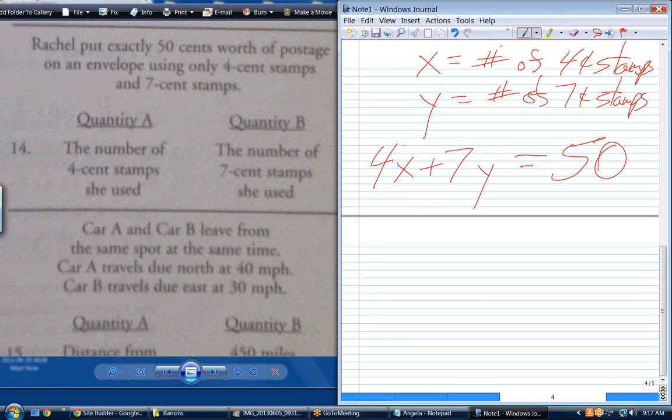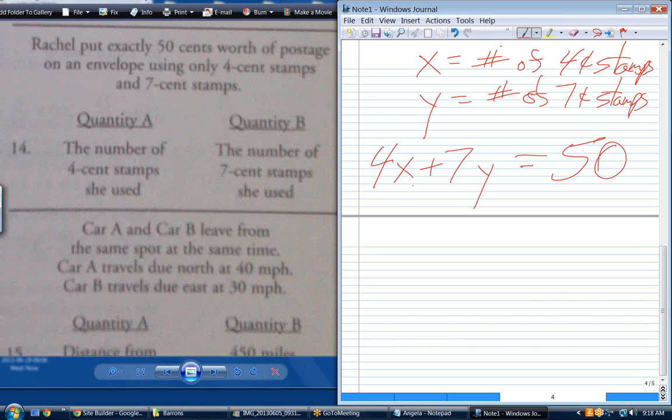Can't even be 12. Notice that if it was 12, this would be 48, and there would be no possible integer y. So can it be 11? No, because that would be 44, and still there's no y that works. Can it be 10? No. In other words, that's the way we have to do this problem.